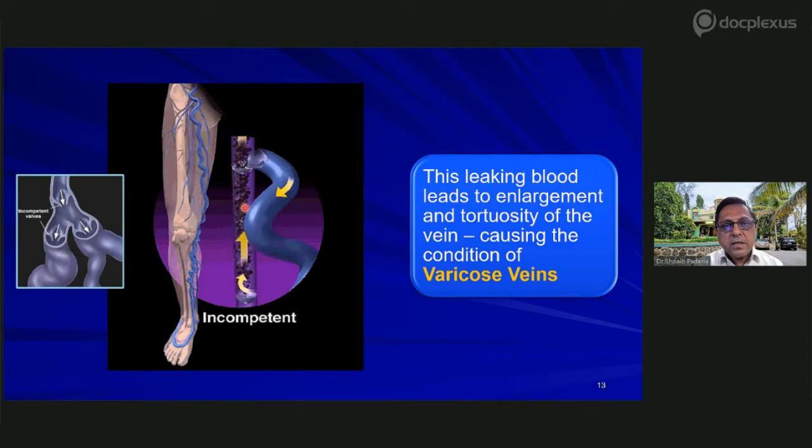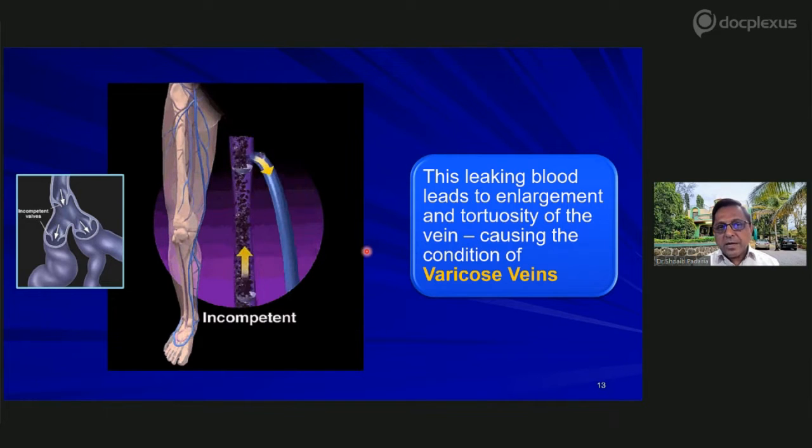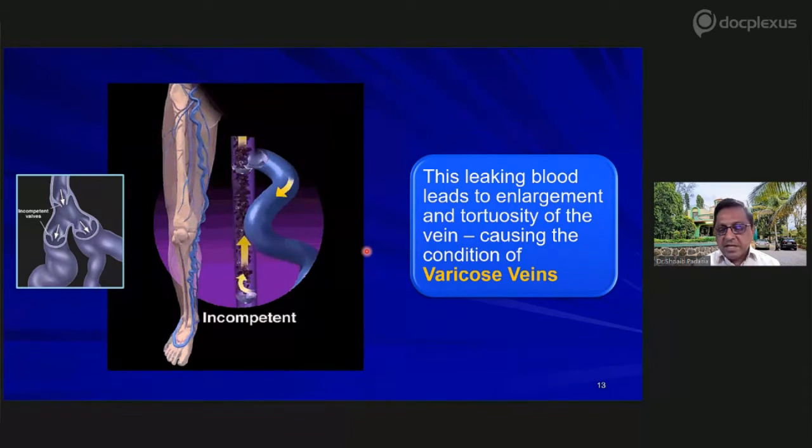Now, when this valve gets damaged for any reason whatsoever, then the blood comes back from the deep veins through that leaking valve into the superficial vein. And as the pressure in the superficial vein increases, the vein becomes tortuous, dilated, and that's what we call varicose veins. So now we'll understand that the basic problem in the development of varicose veins is a leaking venous valve.